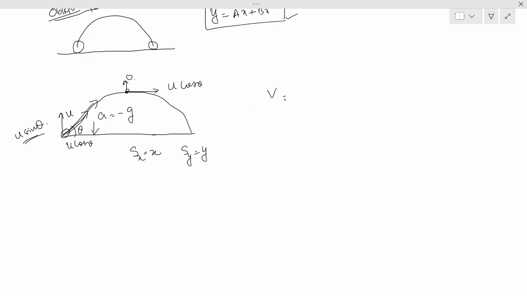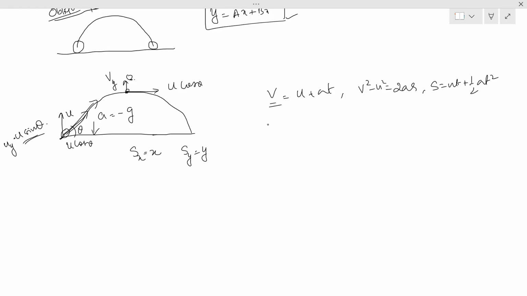First, we need to prove the final velocity. This is a decelerated motion. You can apply equations of motion: v equals u plus at, or v square minus u square equals 2as, or s equals ut plus half at square. You can use any of these equations. This is the velocity at the highest point, and this is the initial velocity u along the y-axis. This is the final velocity v along the y-axis.